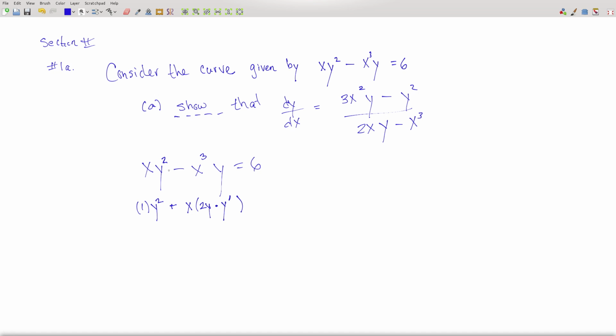This is just the derivative of this first term. To do the derivative of this first term, we used the product rule across the whole thing, and right here we used the chain rule. Now we'll say minus, and we're going to take the derivative of this term of our equation.